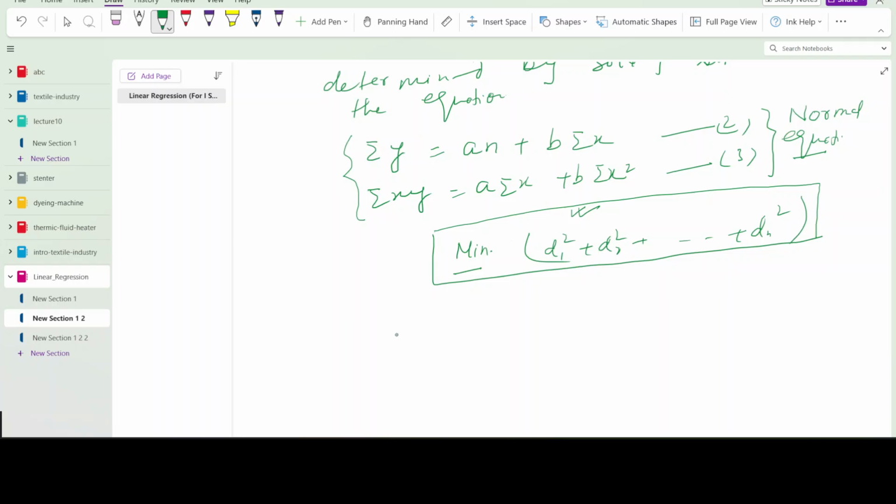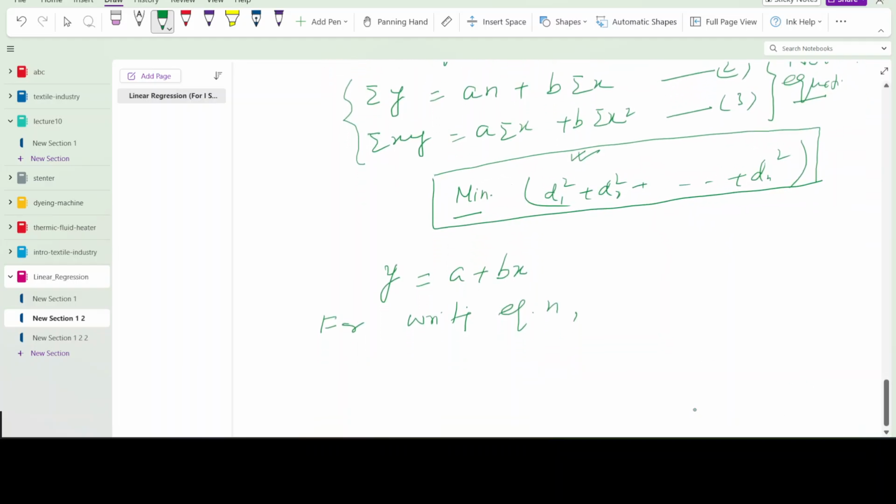How can we use these equations for remembering? We have the equation y is equal to a plus bx. For writing equation 2, we will apply summation on both sides of equation 1.